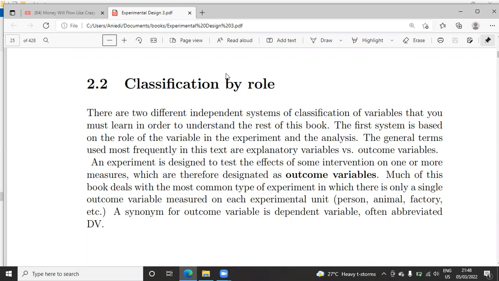So we now use facial expression to tell ourselves whether somebody is angry or not. So those are explanatory variables. Then the outcome is whatever result it gives us once we get it, which is the y.